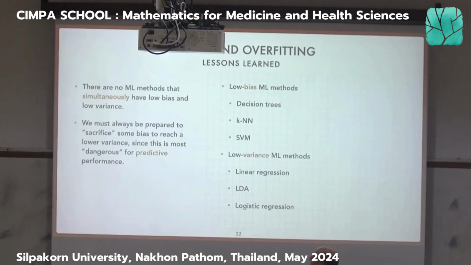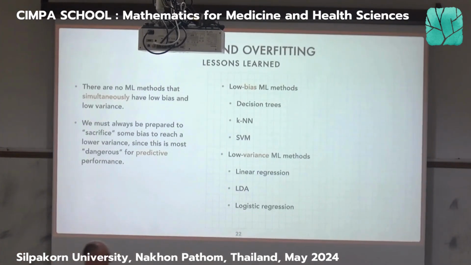There are no machine learning methods that simultaneously... this is a theorem, right? This is a law, this is a truth. One thing I can be sure of: there does not exist a machine learning method that at the same time will have small bias and small variance. You cannot have at the same time a small training error and a small test error. That's mathematical.